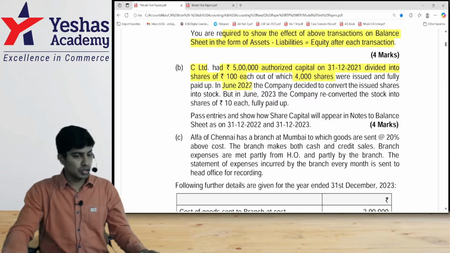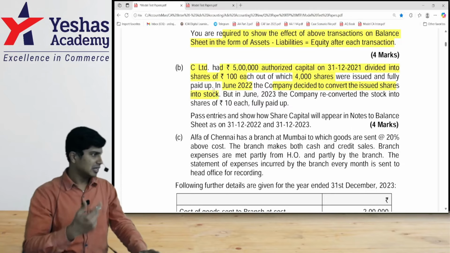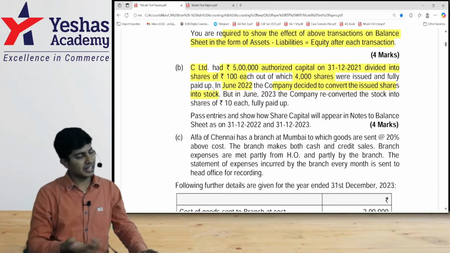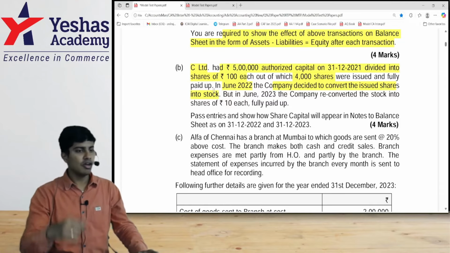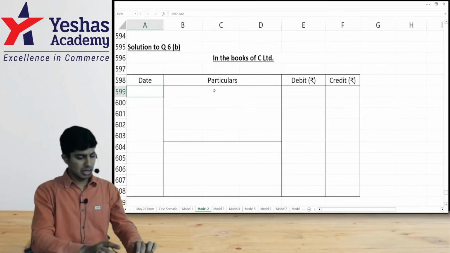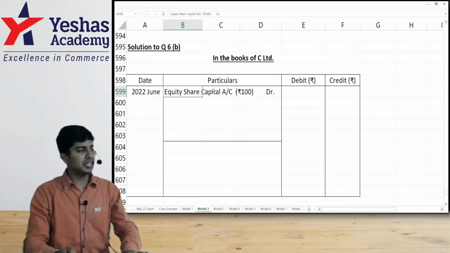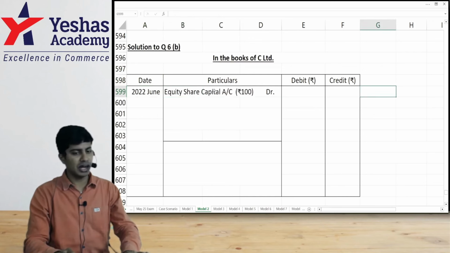And in June 2022, the company decided to convert issued shares into stock. So share capital will decrease. Debit share capital. Equity share stock will get created. Credit equity stock. By how much? 4,000 shares into 100, how much will it be? 4 lakh. So in the month of June, in the year 2022, debit equity share capital comprising shares of 100 each.